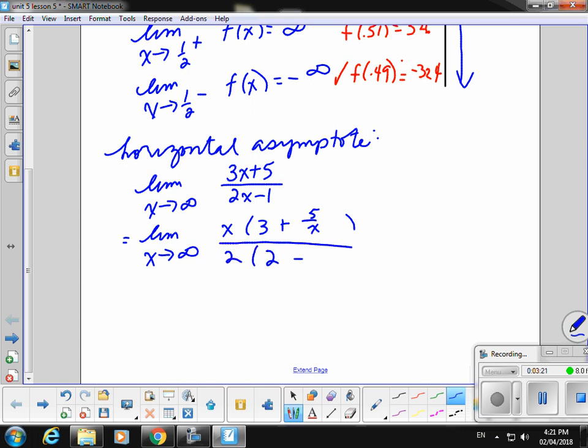I get 2. Sorry, that's an x. Negative 1 over x. And as I approach infinity, these fractions get closer and closer to 0. My x's actually divide out, and I am left with 3/2. So my horizontal asymptote is 3/2.